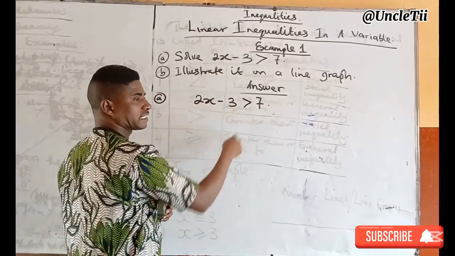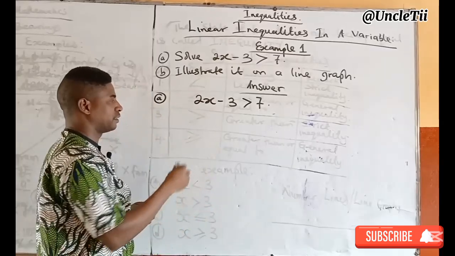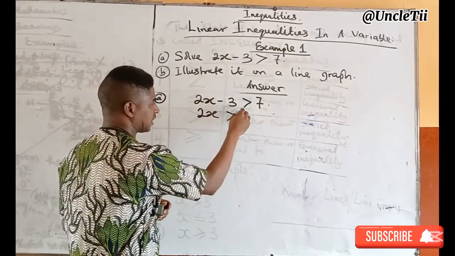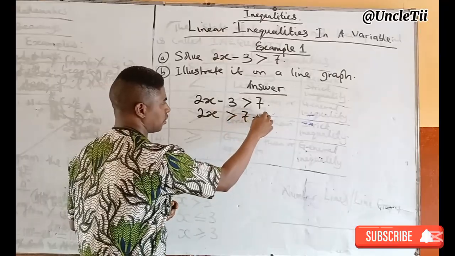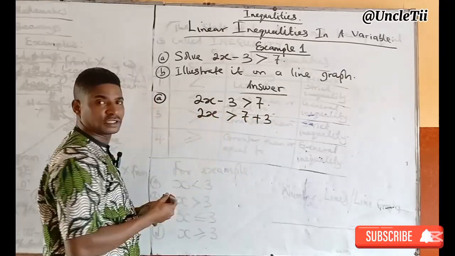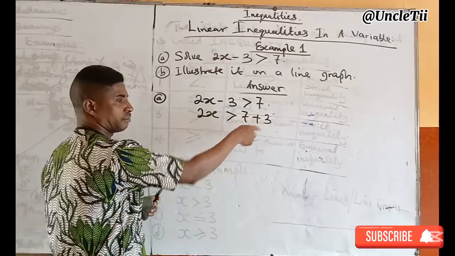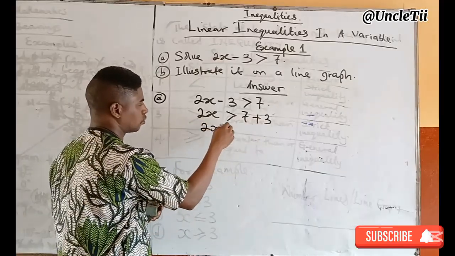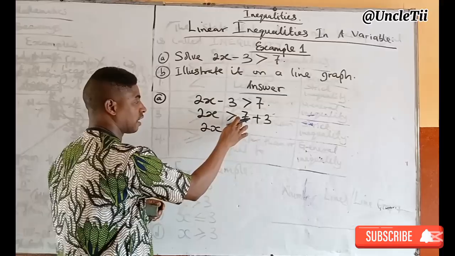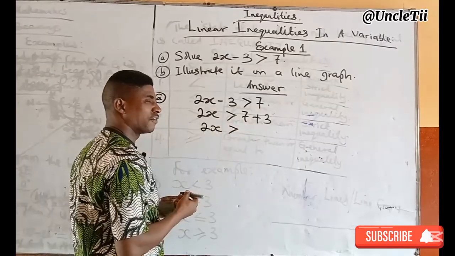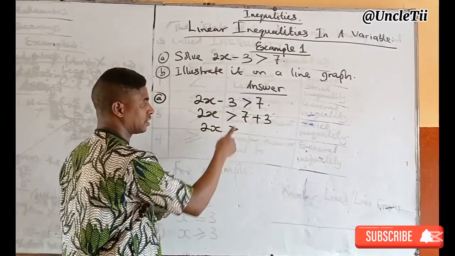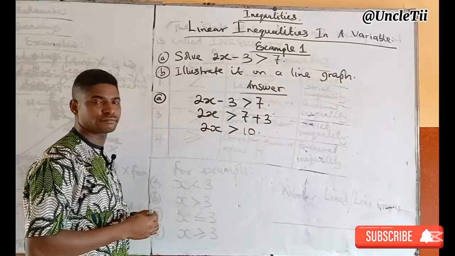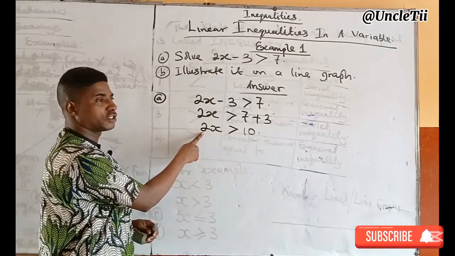Minus 3 is a like term to 7. Take it to go and meet it. That will give us 2x greater than 7 plus 3. When minus 3 crosses the inequality sign, it becomes plus. And that will give us 2x greater than, what's the value of 7 plus 3? It is 10.